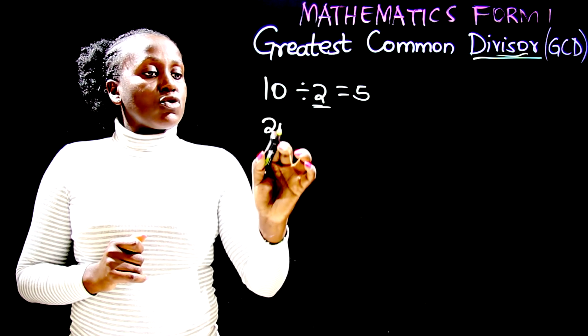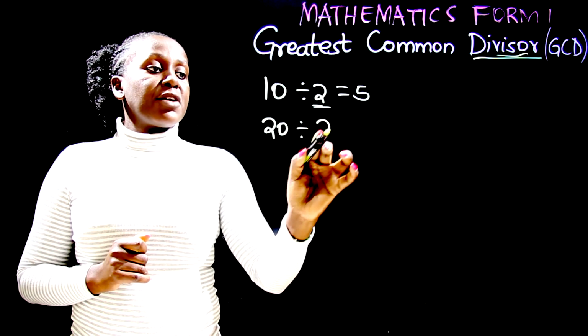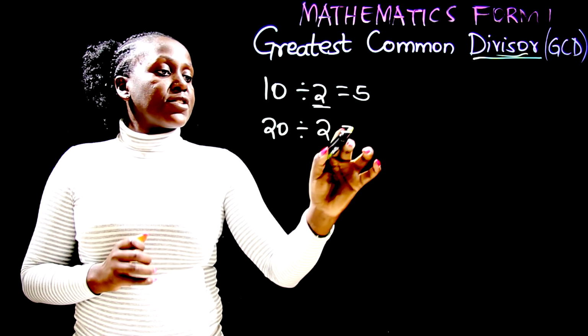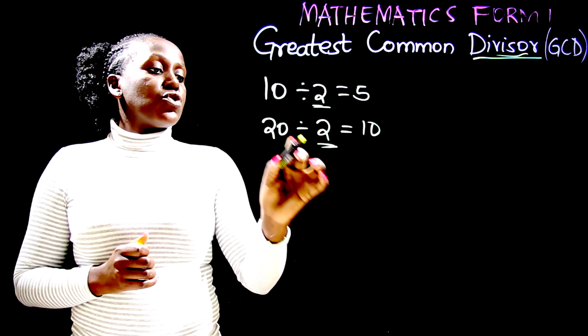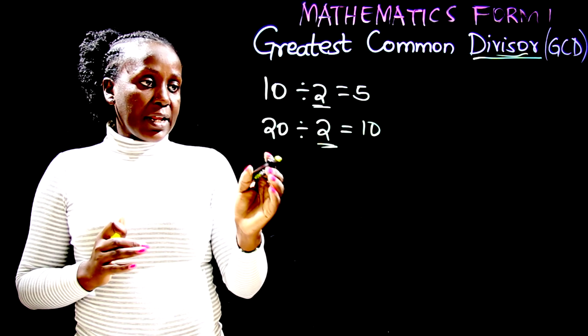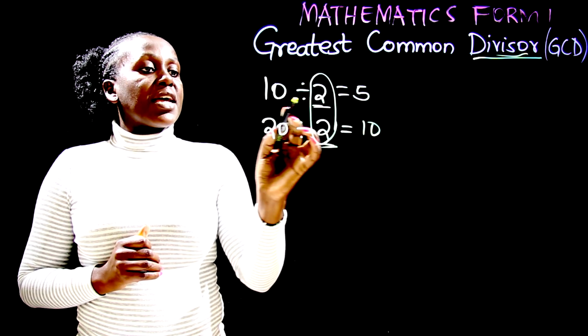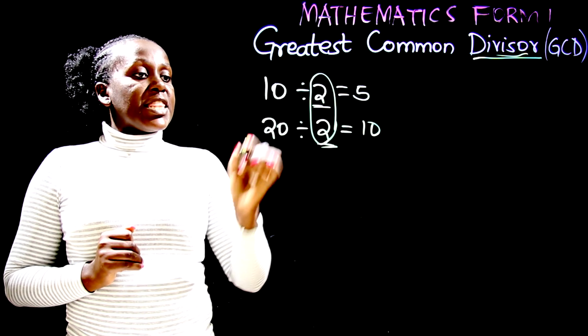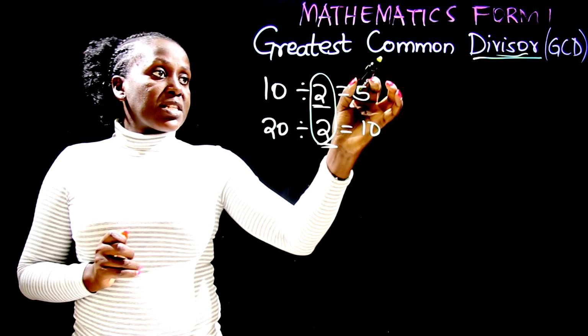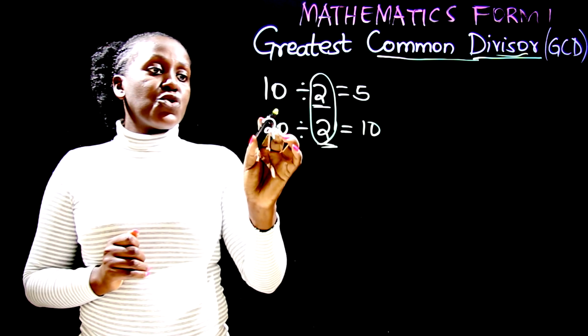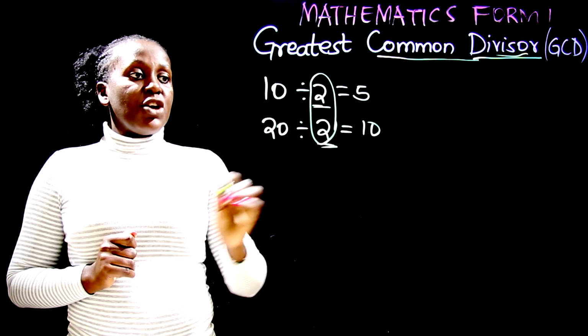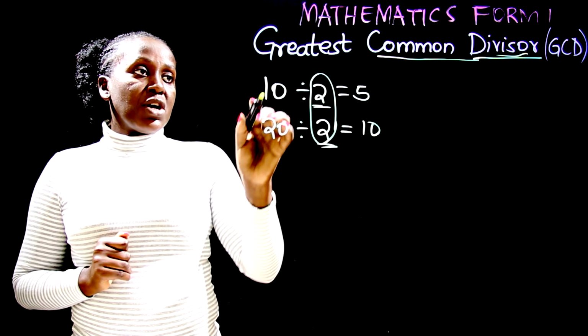The same, 20 can be divided by 2 to give 10, meaning that 2 can also divide 20. Now, when you have the same number dividing two different numbers, then we say that 2 is a common divisor to 10 and 20. Okay?